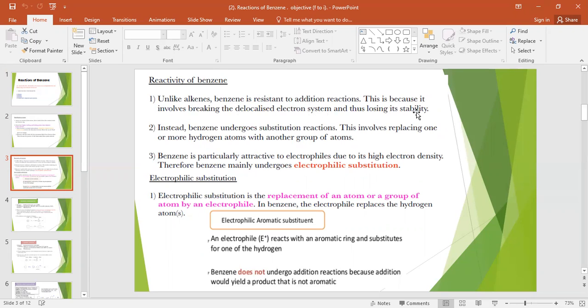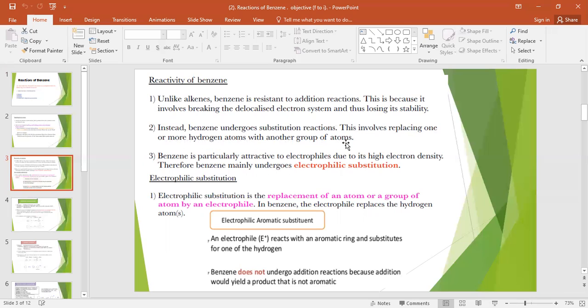So benzene will not give addition reactions because it would lose its stability. Instead, benzene undergoes substitution reactions, the replacement or exchange reaction, which involves replacing one or more hydrogen atoms with another group of atoms.